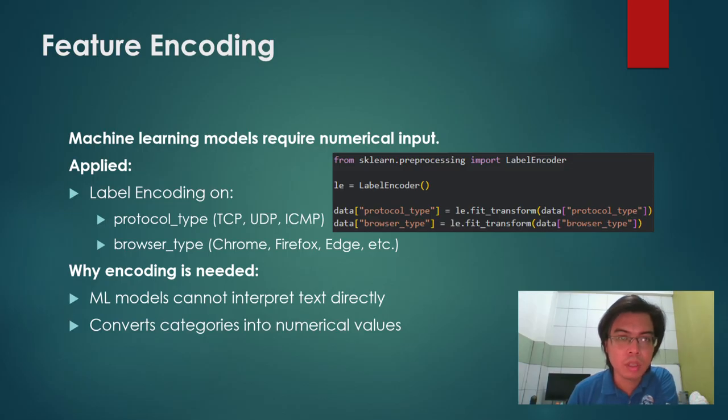For example, protocol types like TCP, UDP, and ICMP were converted into numeric values like 0, 1, and 2. Similarly, browser types such as Chrome, Firefox, and Edge were also converted into numbers. This step is important because it allows the machine learning model to process data properly and include these features in training and prediction.